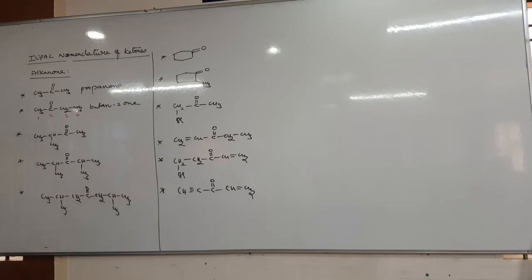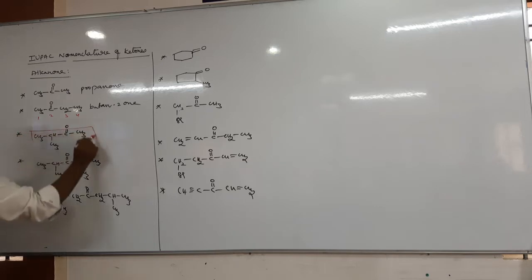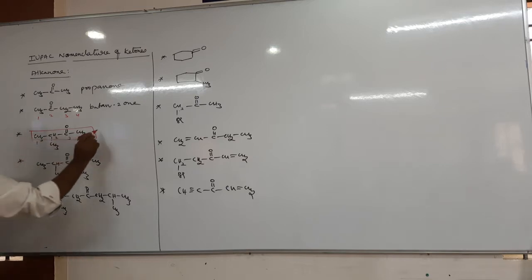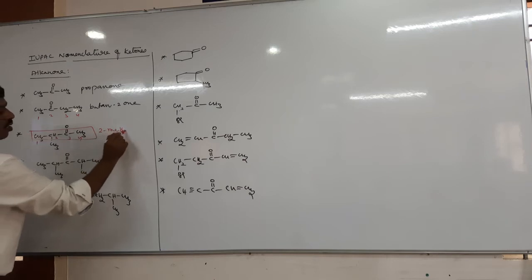So here in IUPAC nomenclature, the first rule is selection of parent chain. Then next is numbering. You can number from any end, but the substituent should get the least number. So this is 1, 2, 3, 4. It is a 2-methyl.